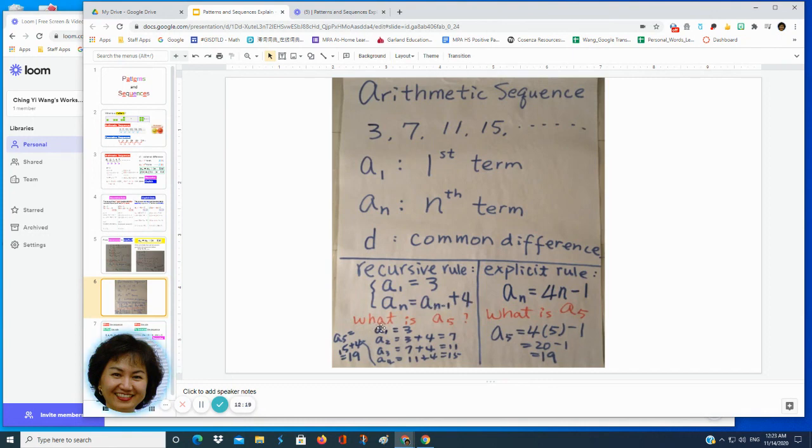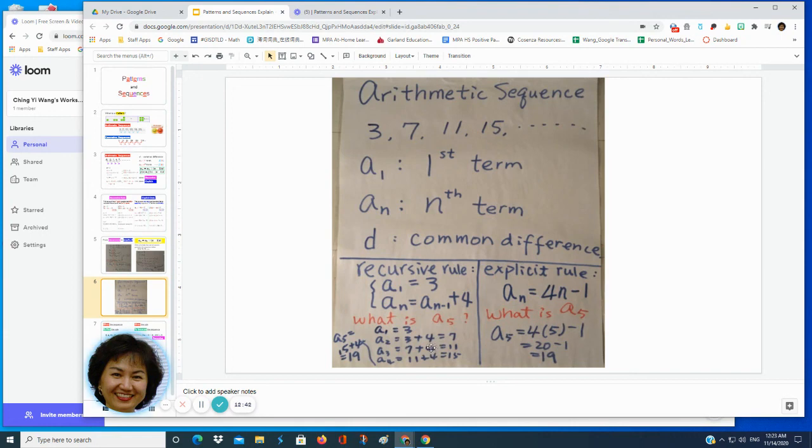If you want to find the fifth term, how do you do it? You have to do it one by one. You find a sub 1 equal to 3, that is given, then a sub 2 equals the first term plus 4. The third term equals the second term plus 4.